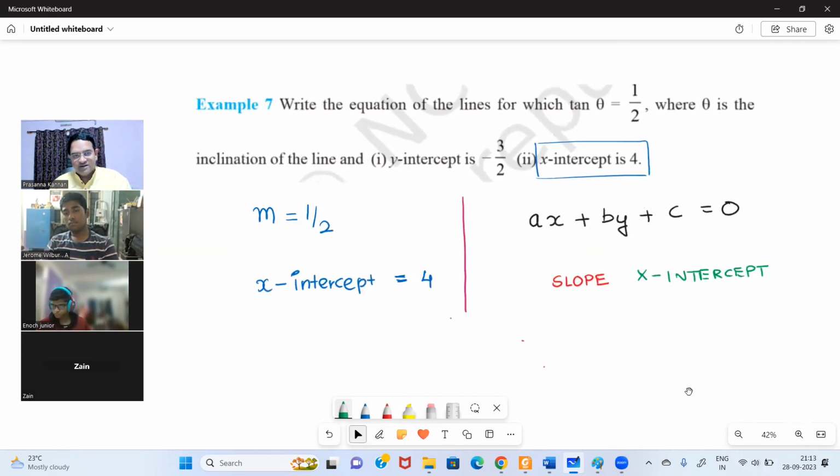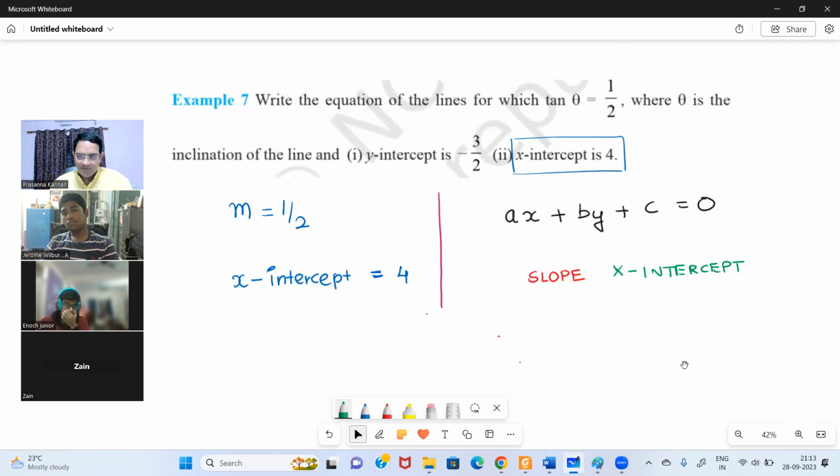And the third thing that you can get is the y-intercept. The moment I give you the equation ax plus by plus c equal to 0, then please pay attention everybody, slope will be nothing but minus a by b. That means negative coefficient of x divided by coefficient of y.